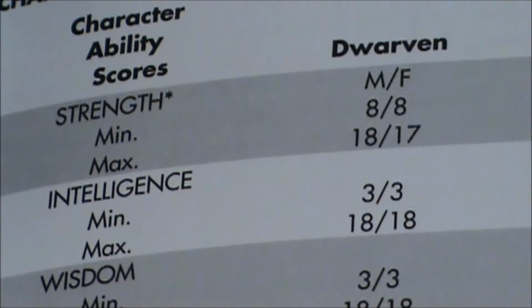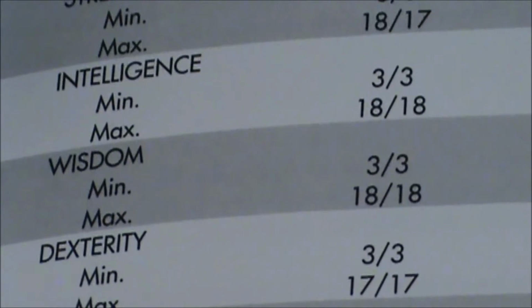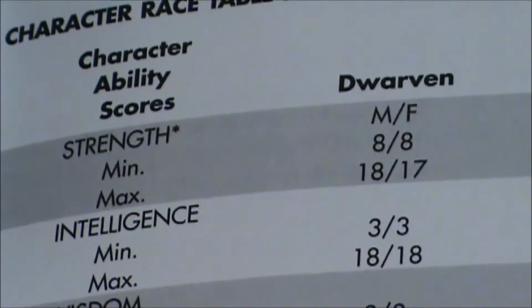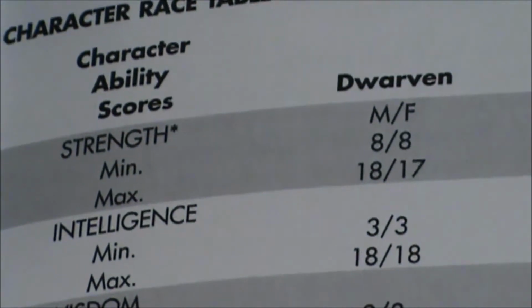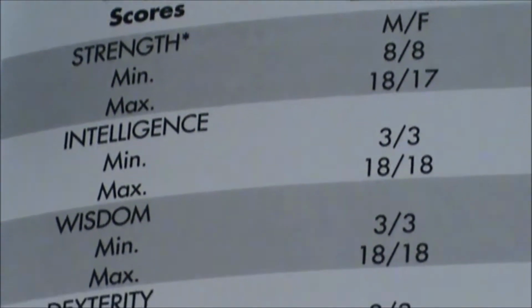So got kind of an issue here where males are allowed to have an 18 strength, but females can only have up to a 17. We move down the line, intelligence. Minimum 3, maximum 18. You notice the minimum there for strength for dwarves was 8. So they were always close to average strength. They weren't really a physically weak race.